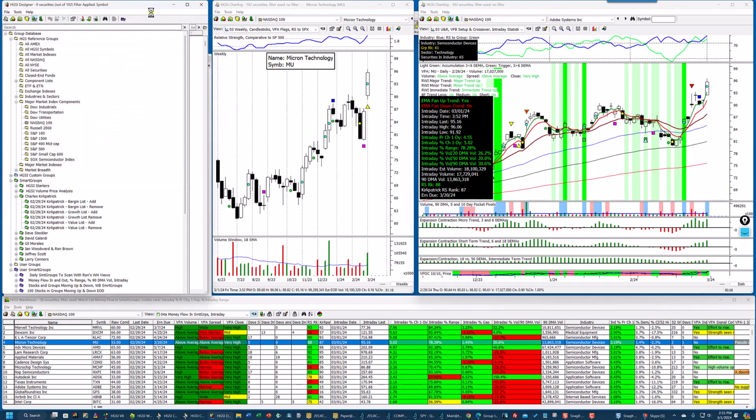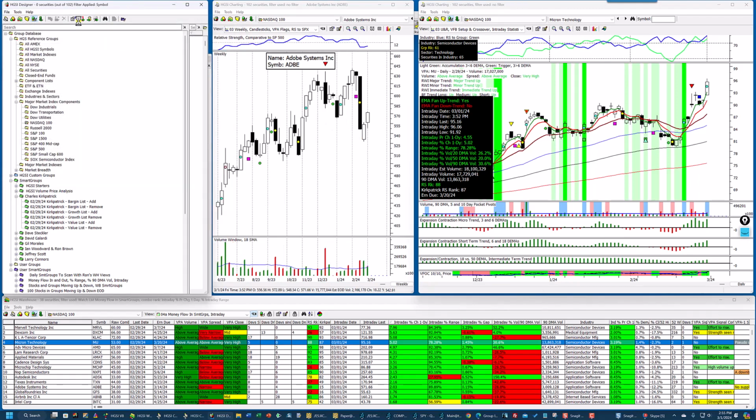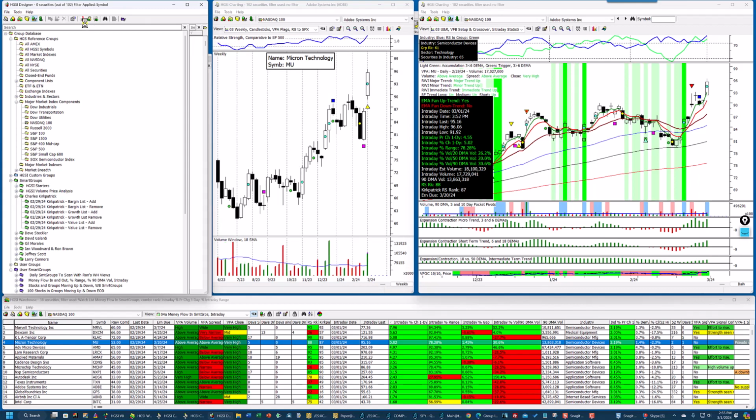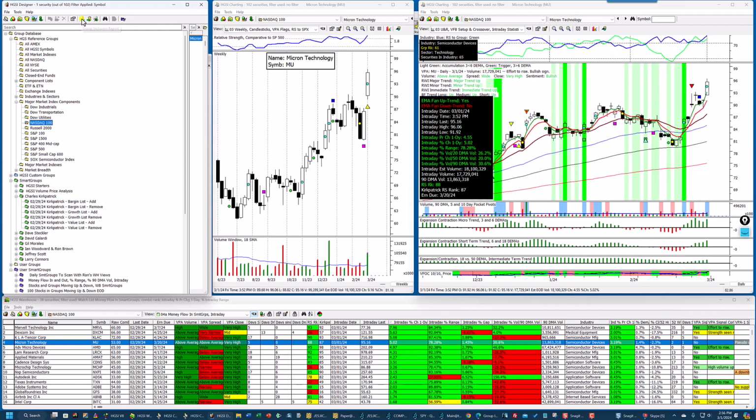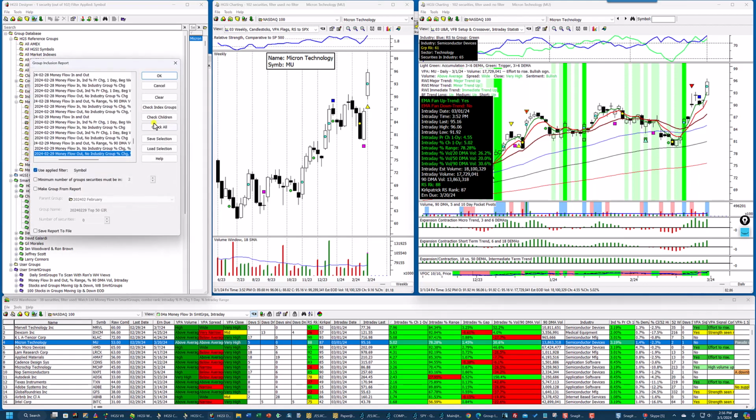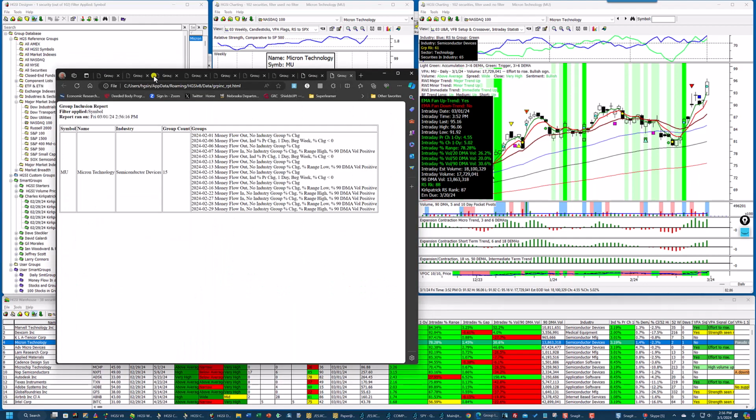Okay. And then, as soon as the stocks update, I'm running in the background, I'm going to run this group inclusion report. These same groups are already selected. I'm using the applied filter, so Micron will come up here.